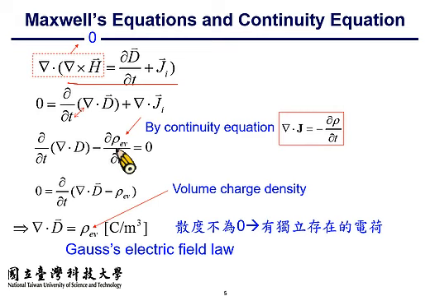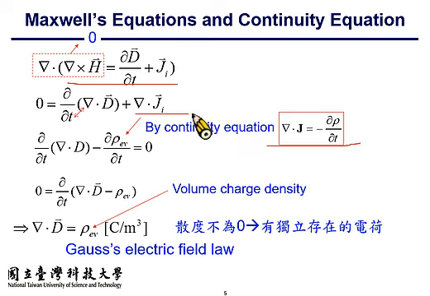And here we use another relationship, that is the continuity equation. It says the divergence of current density J must equal the negative of the time derivative of charge density rho.